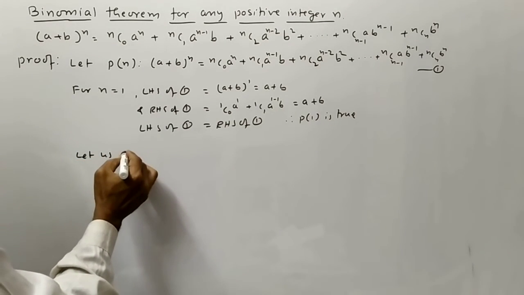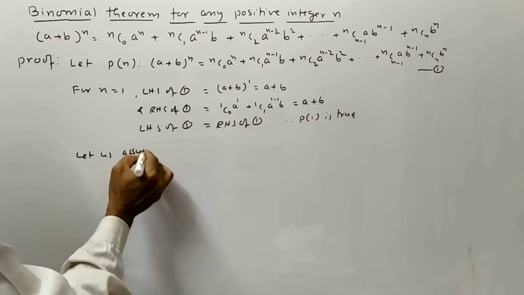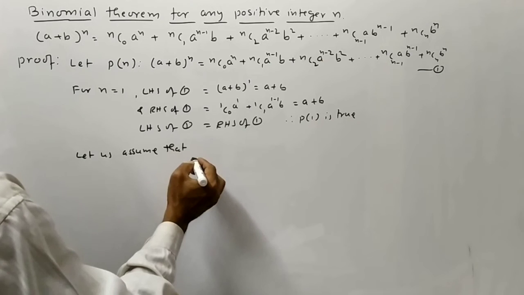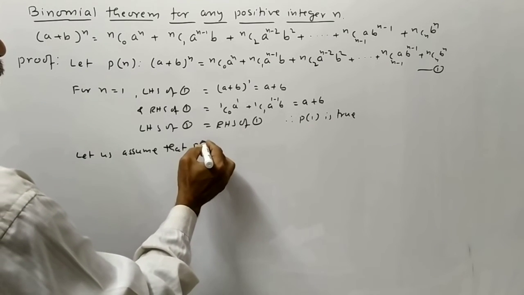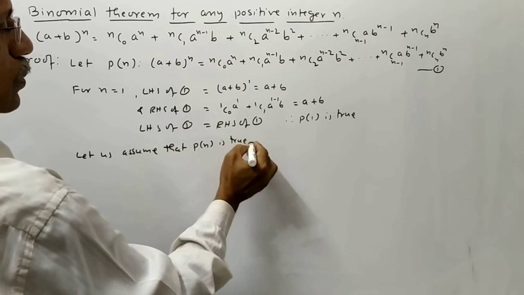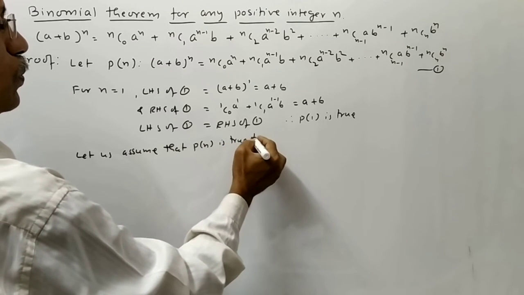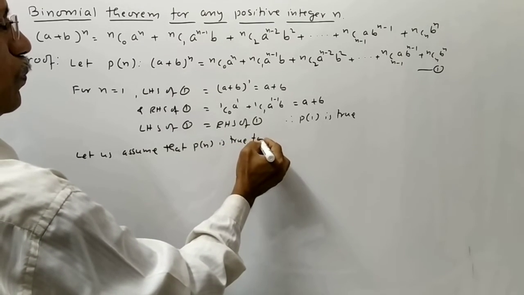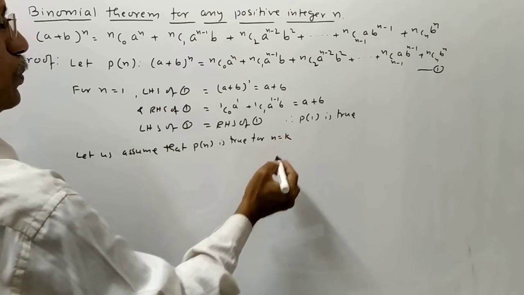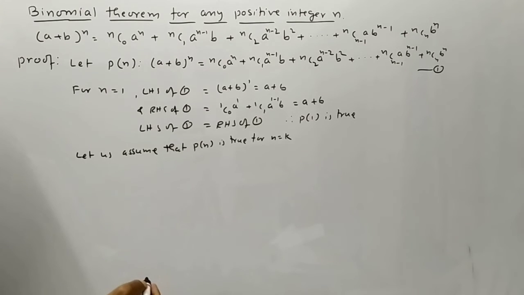Let us assume that P of n is true for n is equal to k.